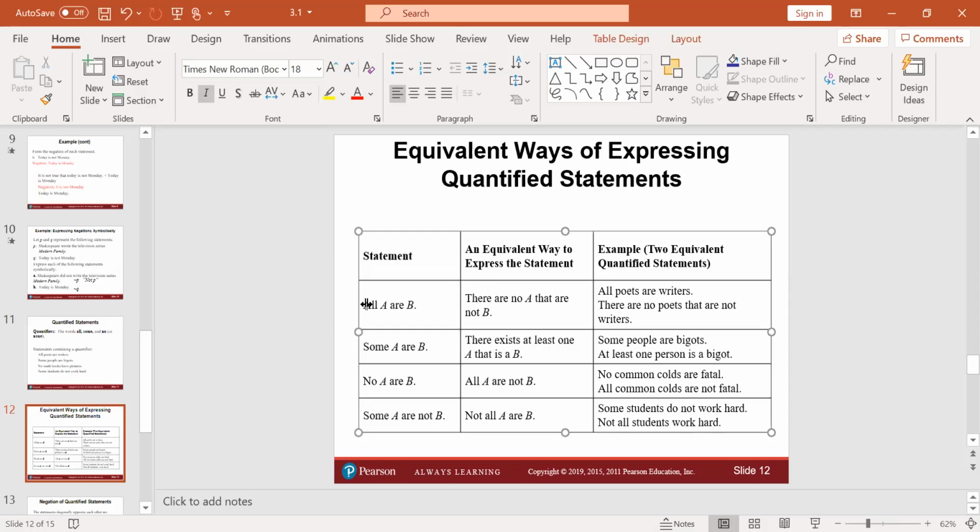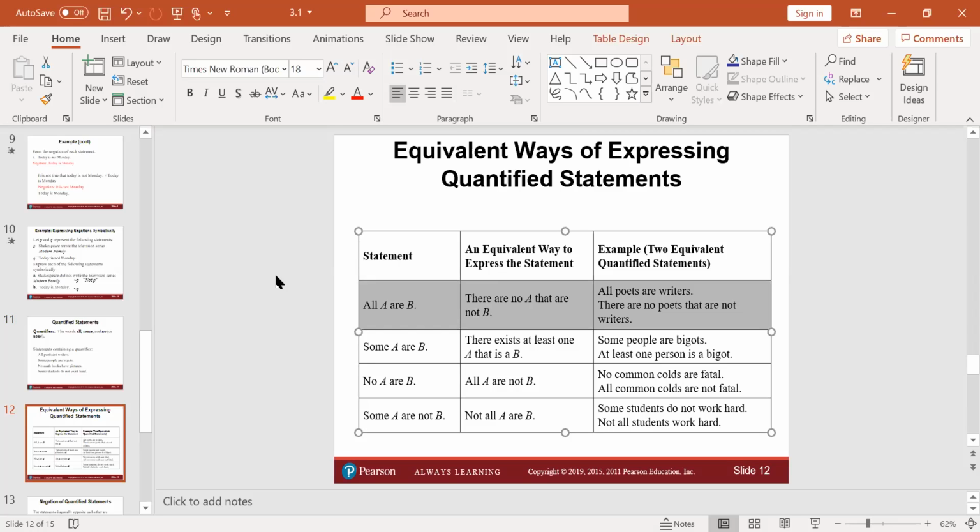So now let's investigate each one step by step. That first one, all A are B, is equivalent. It is the exact same thing as saying there are no A that are not B. Hold the phone. Wait a minute. If I say all poets are writers, let's get that picture in our head.